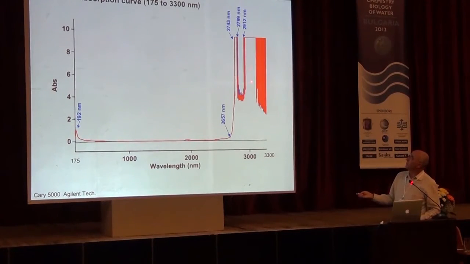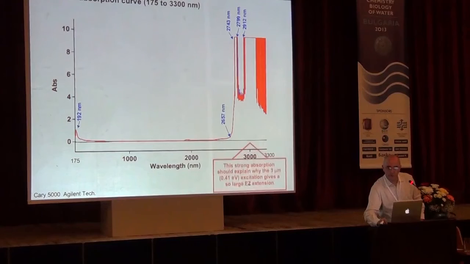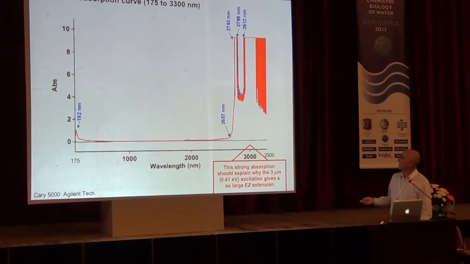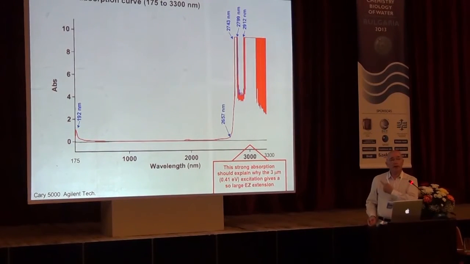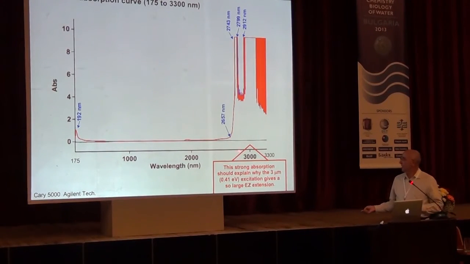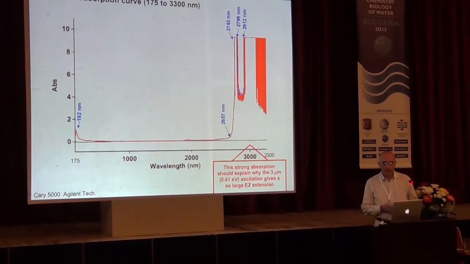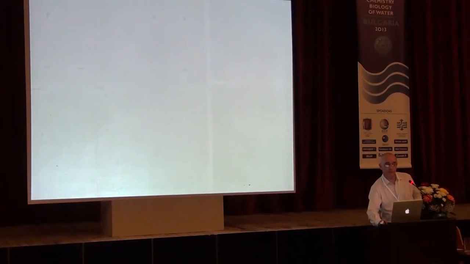But I have this region about 3 micron, a very strong absorption place. So maybe this explains why with the 3 micron excitation, Professor Pollack gets this very big exclusion zone.